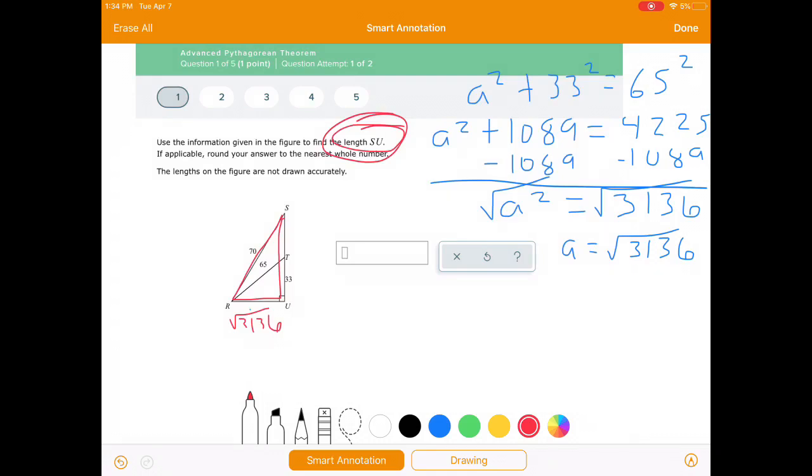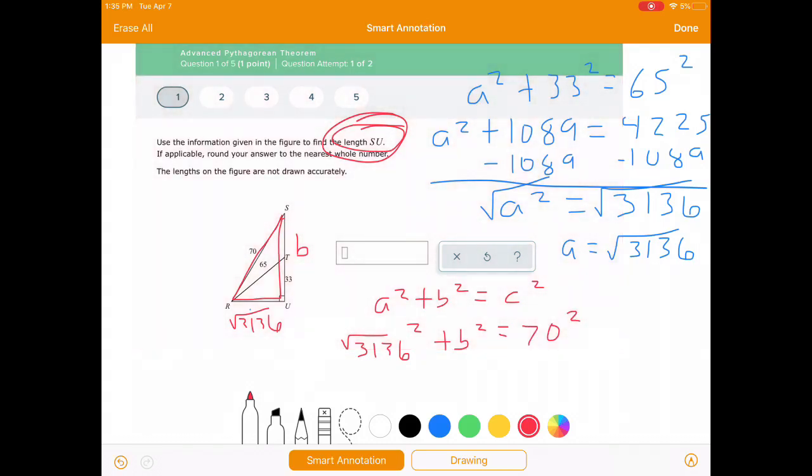So looking at this red triangle, we're looking at, once again, A squared plus B squared equals C squared. We don't know, we'll call this B so we don't get confused with using A over here. So A squared is the square root of 3,136, but we need to square that. And we have B squared equals 70 squared.